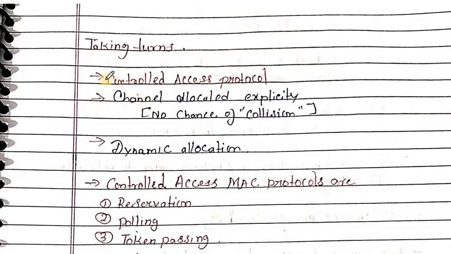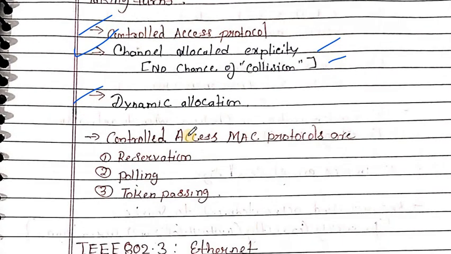Now taking turn is a controlled access protocol. The channel is allocated explicitly, there is no chance of collision, and it is a dynamic allocation.